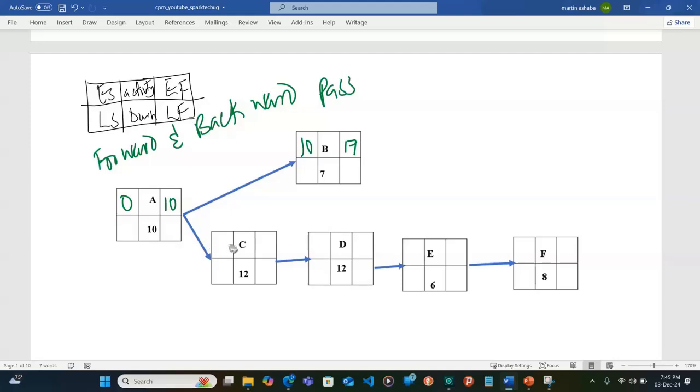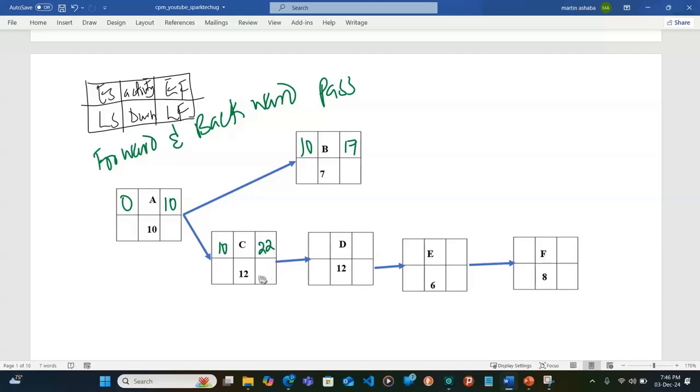Then what else? C depends on A, and since A finishes on the 10th day, that's when we are going to start C. So we put our 10 here, then we add the duration, and we get 22 days.